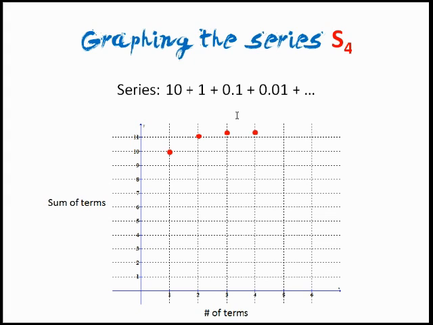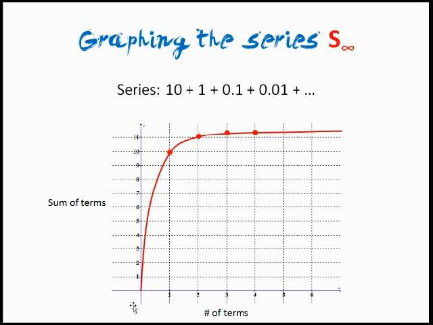The sum of the first four terms, 11.11. And so for the sum of an infinite number of terms, you can see that this thing flattens out, and it converges to a finite number. So this one is not going to approach infinity like the other one.